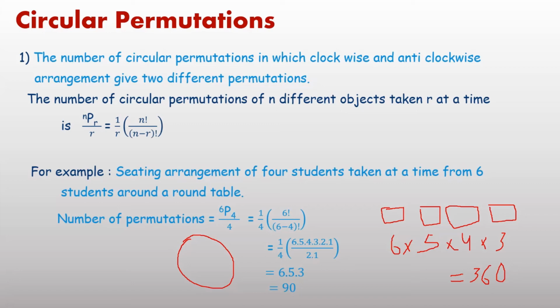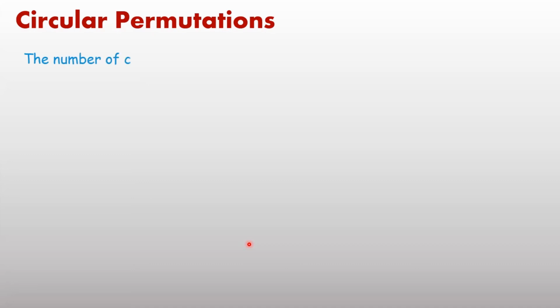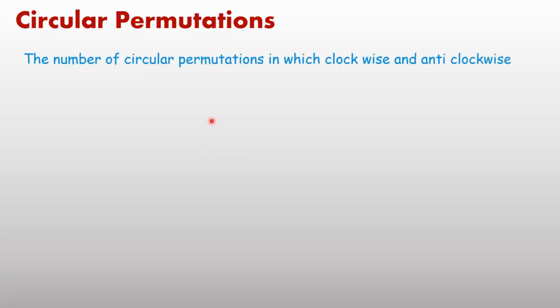Now the next case: if the value of r equals n, meaning all the objects are taken at a time, then we have to find the number of permutations using a formula. And again you can observe in this case, clockwise and anti-clockwise arrangements are two different permutations.